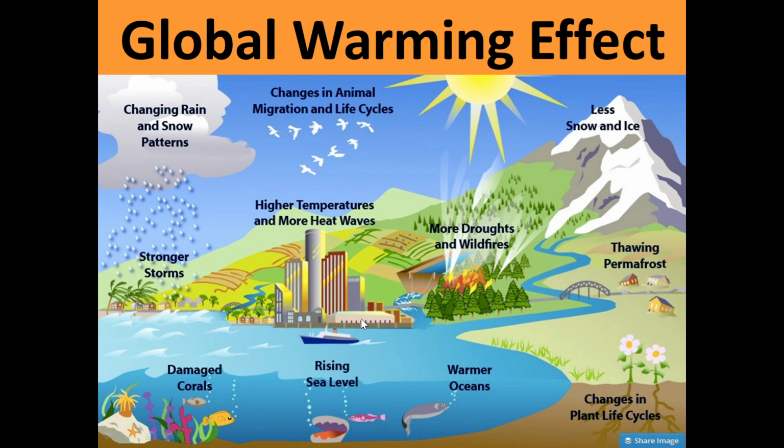So for that reason, even animals and human beings are changing their migration due to climate change issues. Then we come to high temperatures and more heat waves. We are feeling it during the rabi season or during the summer season. More heat waves we are facing. More drought and wildfires also automatically occur due to extreme heat. Then the thawing of permafrost. Permafrost is the permanent ice layer of the glaciers and tundra zones, and it is also melting.